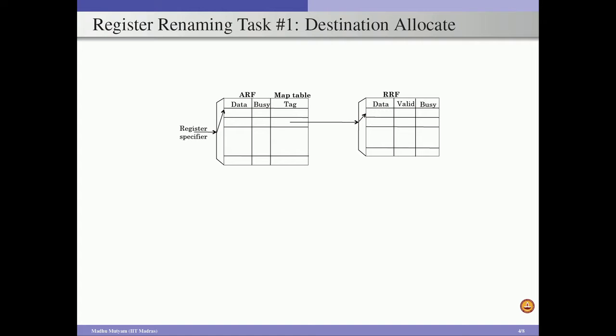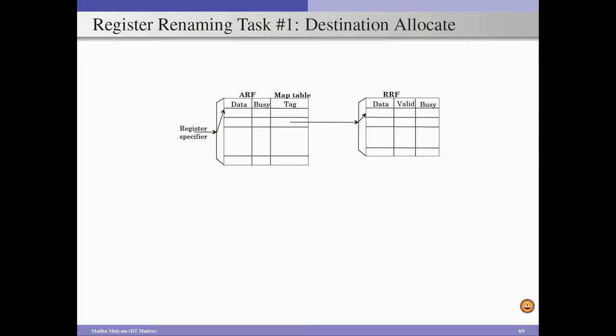Let us assume that we have an instruction add R1, R2, R3. We have to rename this register R1, because R1 is the output register or the destination operand for this add instruction. Remember, in the register renaming concept, we rename all the destination registers in all our instructions.